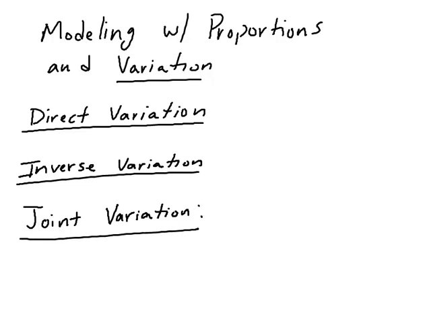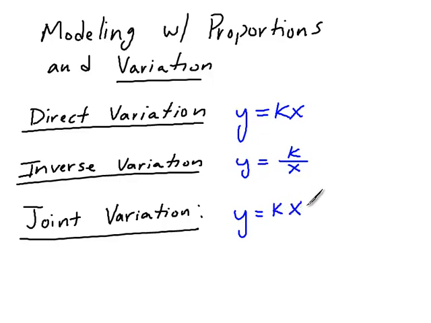Whenever you hear something say y varies directly as x, you should think of the equation y equals kx. If you read something that says y varies inversely, that's y equals k divided by x. And jointly means that you have more than one thing that you're varying directly as. So that's going to be k times x and z.